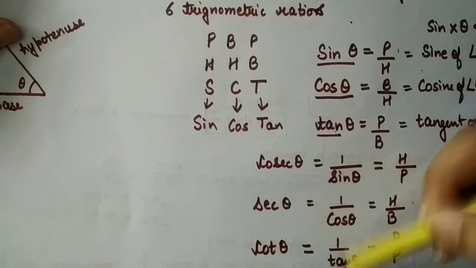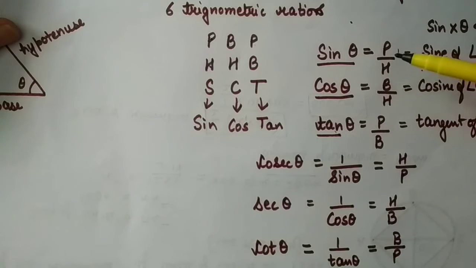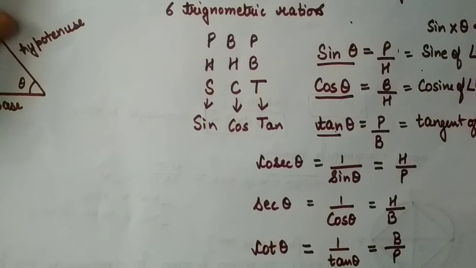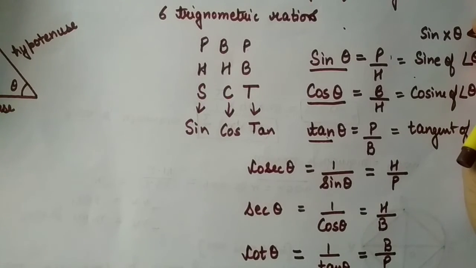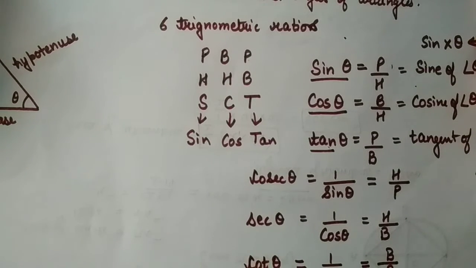You know that it is the reciprocal of these, so you can find out the ratio of the sides because you know the ratio of sides of the first 3 trigonometric ratios. Okay, so these are the things that you have to learn. Okay, and based on these there are some questions from exercise 8.1, so we will do that now.